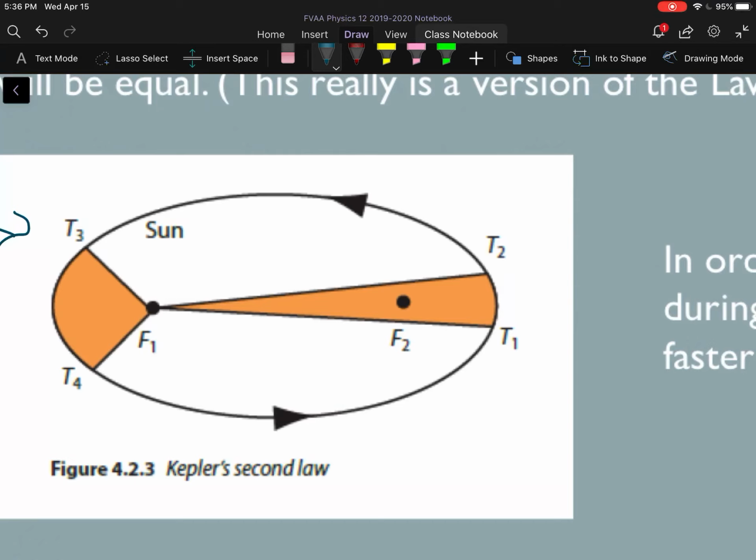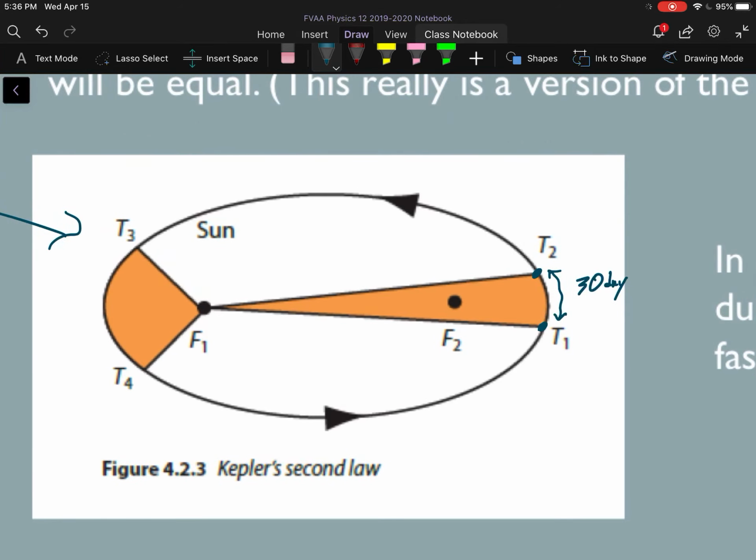If I took the planet here and the planet here, and I knew that the time it took to get from position 1 to position 2 in the orbit around the sun was 30 days, and the amount of time from T1 to T2 is the same as from T3 to T4, then he's saying that amount of time is equal. This is also 30 days.